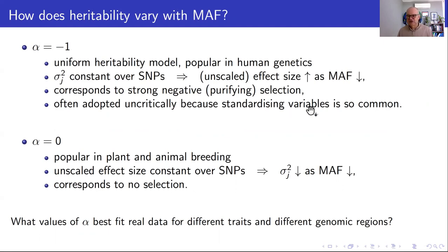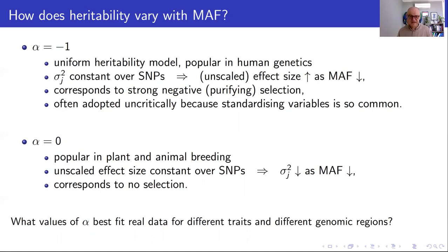Now, all the time that human geneticists have been adopting this bad assumption, a lot of plant and animal breeders have been adopting a different assumption, and there seemed to be little comment on the fact that these two different schools were doing very different assumptions about the MAF effect size relationship.